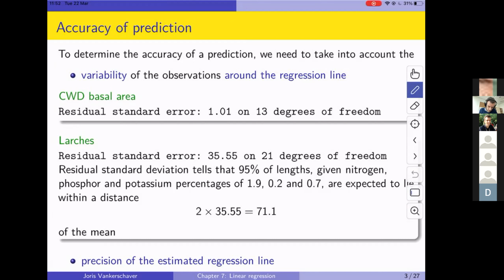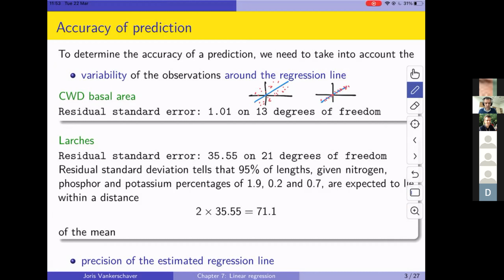So if I make a very schematic plot, how widely distributed are your observations around the regression line? So do you have something like this, or do you have something where the observations are very closely together around the regression line?